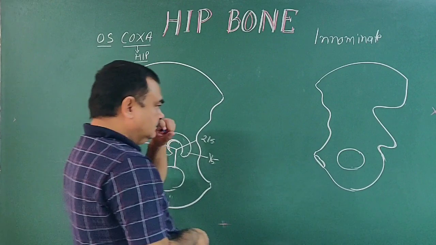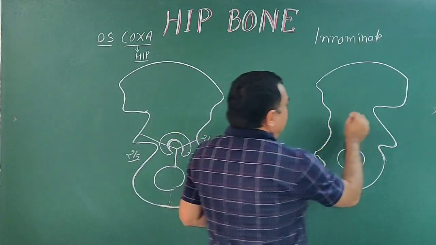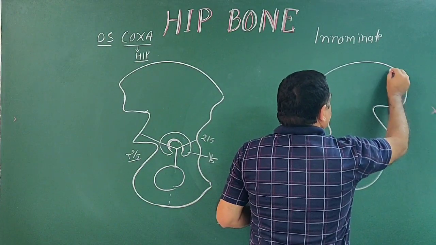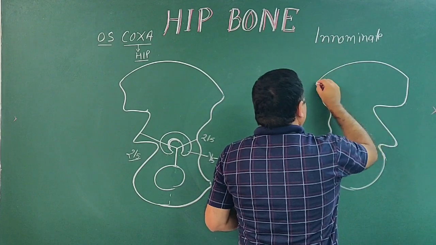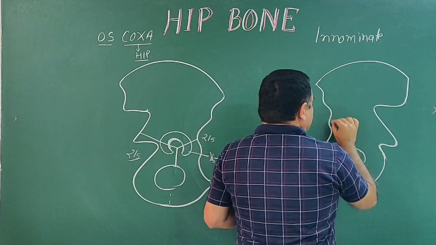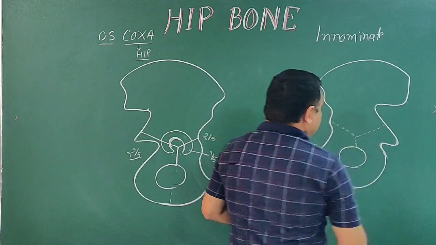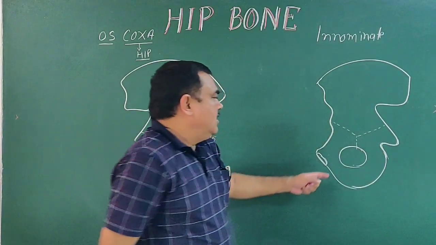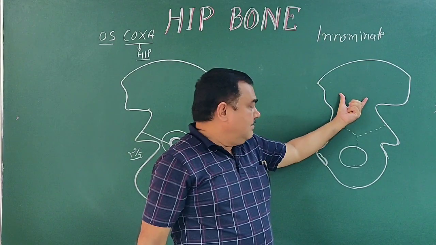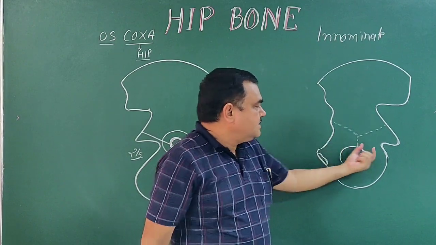Here you can see this part and this aspect. You can see the junction of the ilium. This is the pubis and this is the ischium.